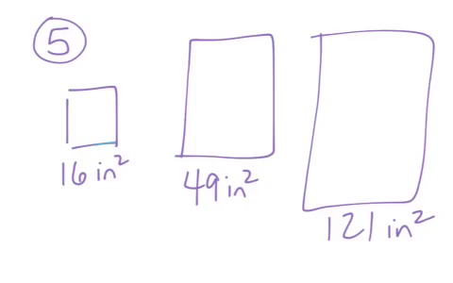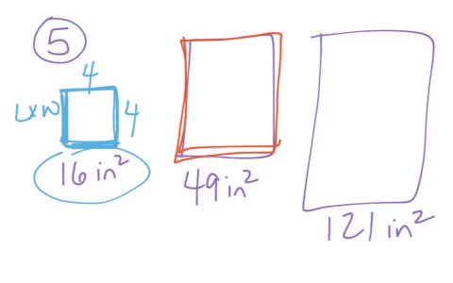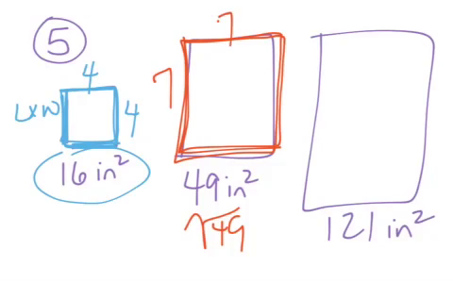So I've got to figure out this length. We know that length times width gives me the area of a tile, which is that. And tiles are square, so they're all the same length. So we know this side is going to be 4 by 4. This one, what multiplied by itself is 49? So of course we're taking the square root of 49, which is going to give me 7 and 7.